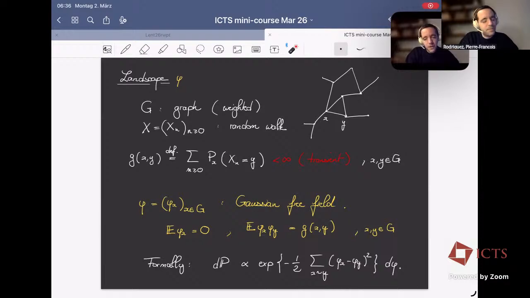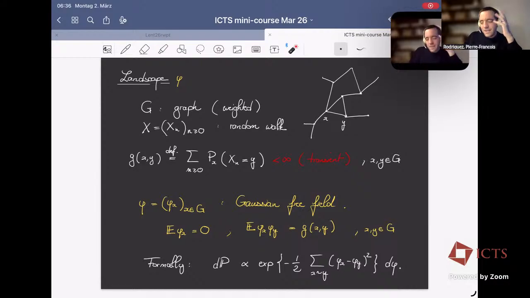These gradients being constrained, you should think of as making the field relatively stiff. So if at a point x my field has value phi x, then at its neighbors y, the value of the field is not going to be all that different, because if it's very different, then I'm going to pay a lot in this exponential.